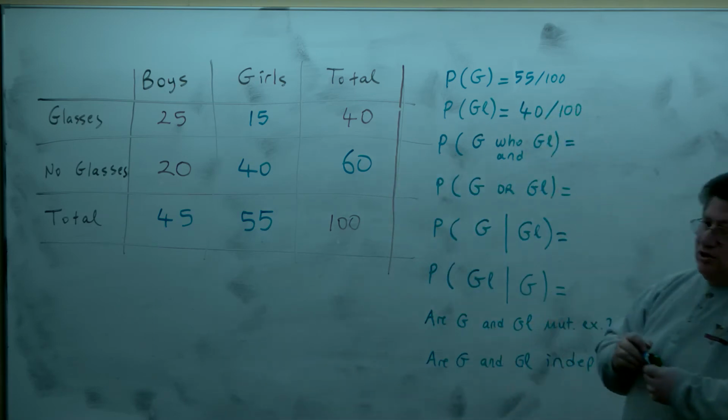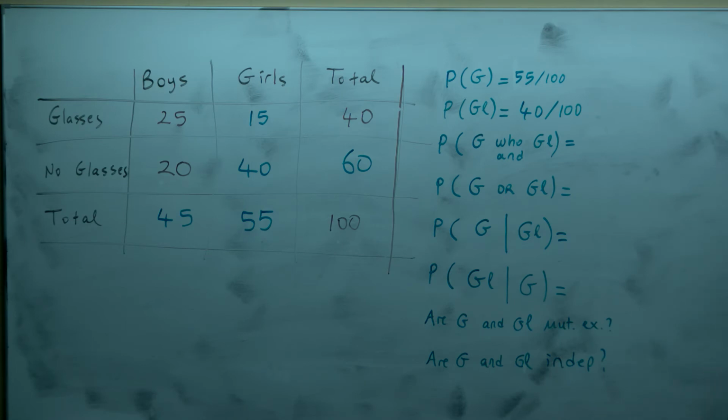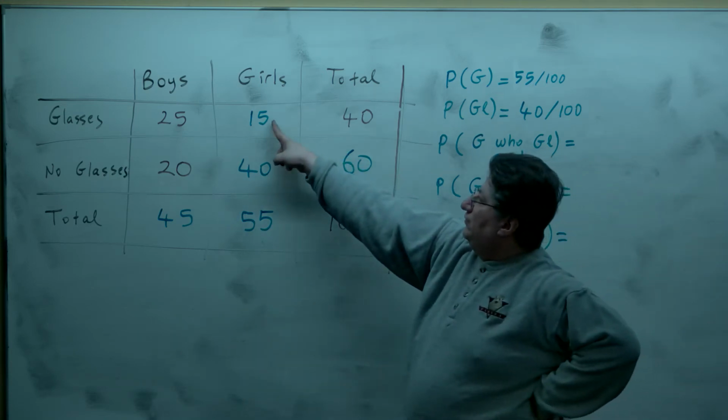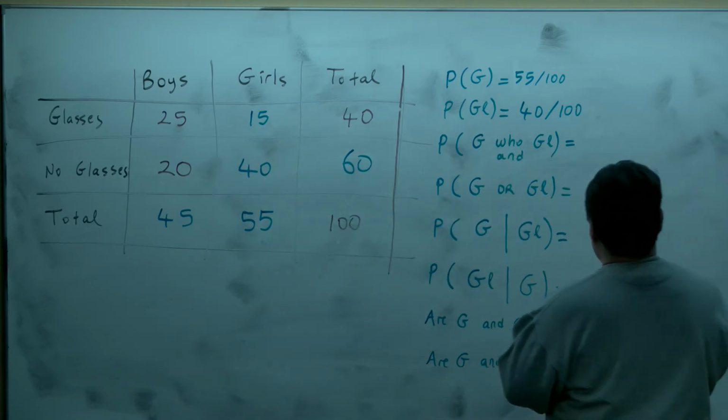Now, the question will be worded like this: a student is selected at random, that has to be said. And then what is the probability that a randomly selected student is a girl who wears glasses? That means girl and glasses, which is what? 15 out of 100. 15 out of 100, yes.